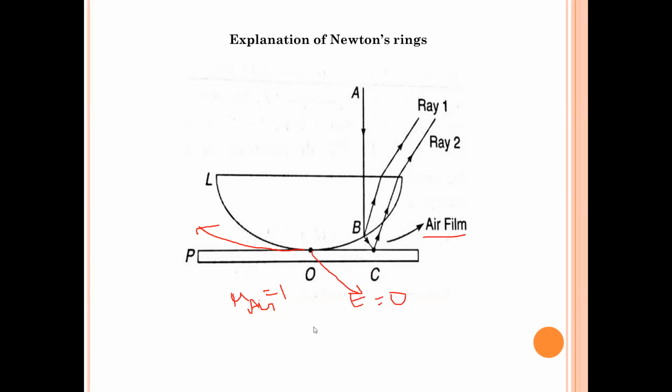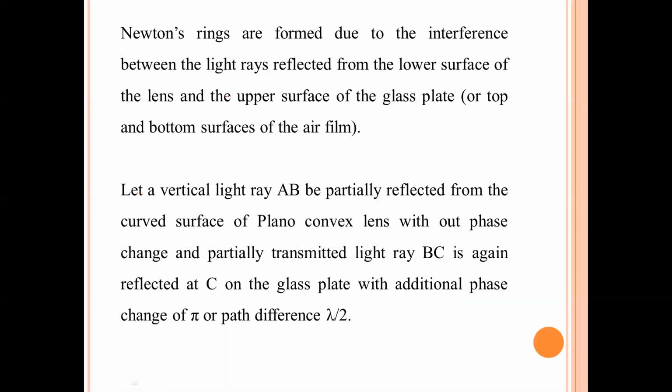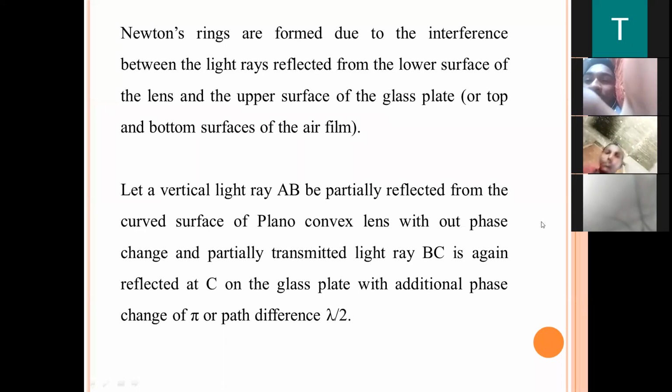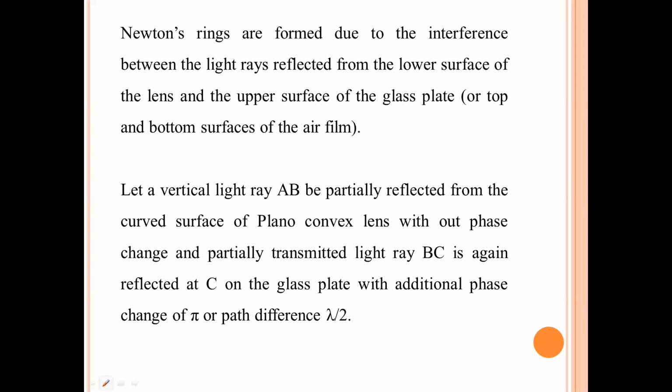Now, Newton's rings are formed due to the interference between light rays reflected from the lower surface of the lens and the upper surface of the glass plate. I will explain clearly with the diagram.